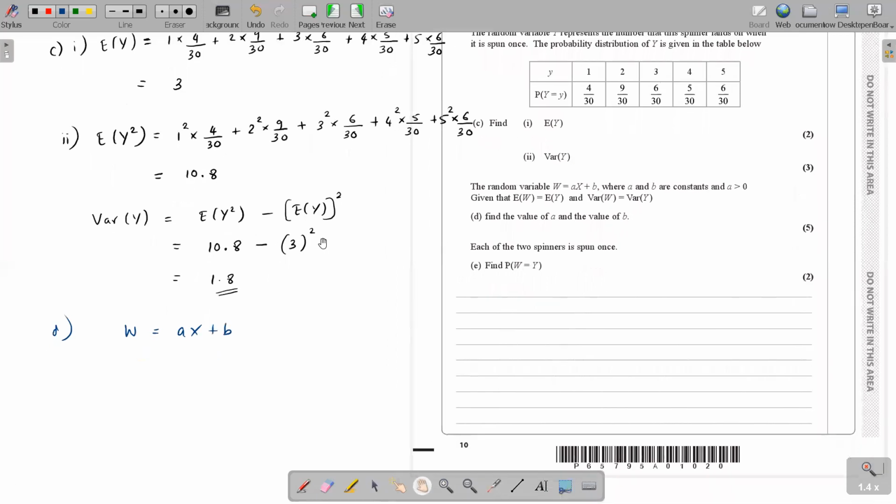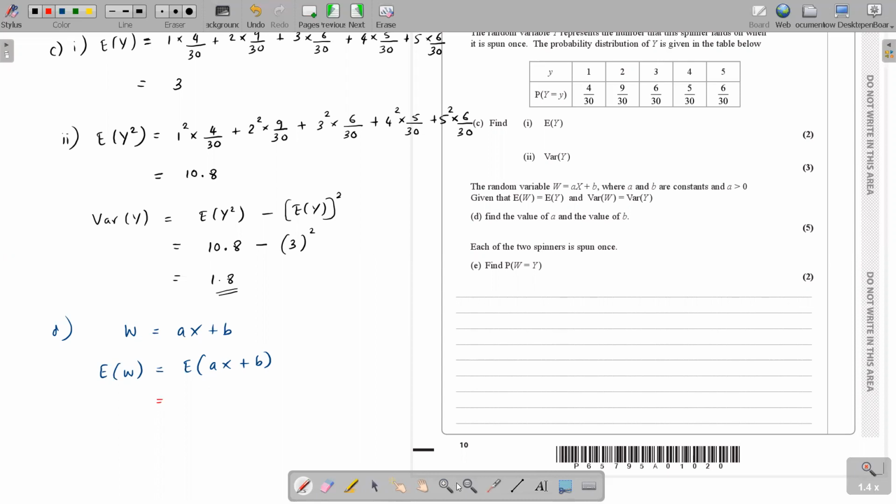Do you remember how to get the expected value like this? When you have a variable W equals AX plus B, to get the expectation value you simply put E, take the expected value of both sides. So expectation W equals expectation of AX plus B. Do you remember that we learned in the discrete lesson how to take values out of the bracket in expectation?